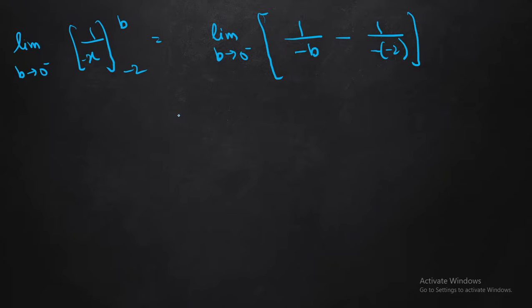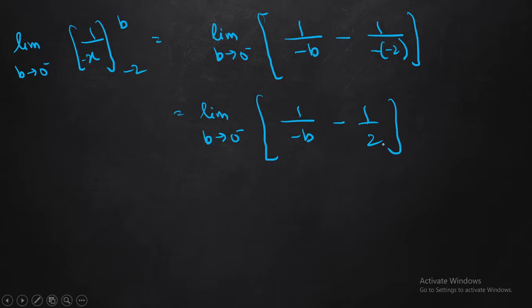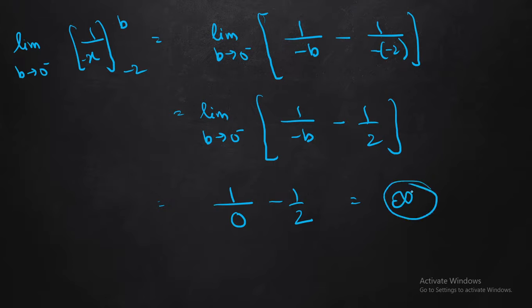It will come like this. So it is nothing but limit b tends to 0 minus, 1 by negative of b minus 1 by 2. Now we put the values of b. So when we put the values of b, it is equal to 1 by 0, you write -0 or +0, that is immaterial, and 1 by 2, this is equal to undefined.